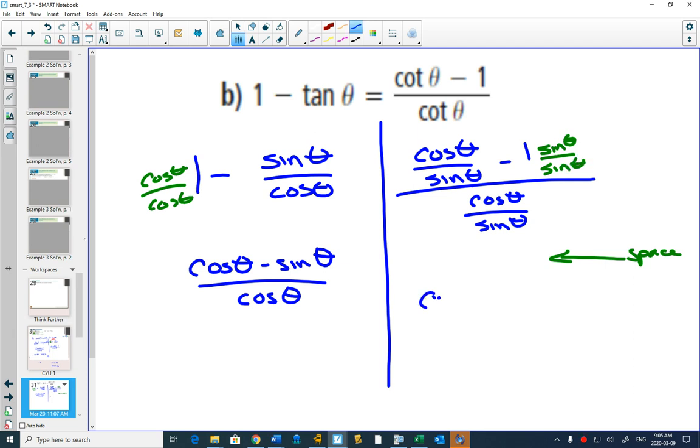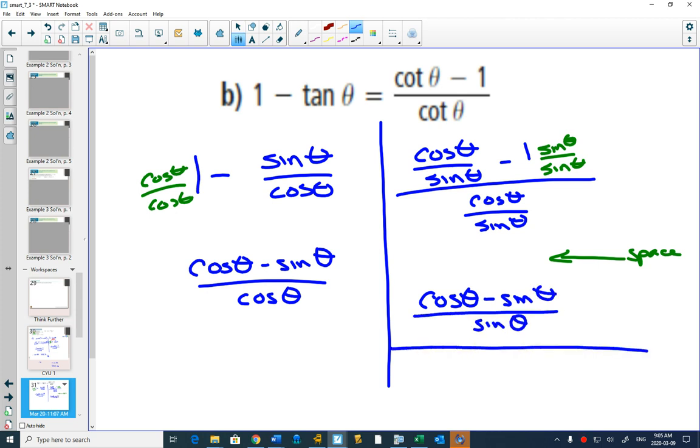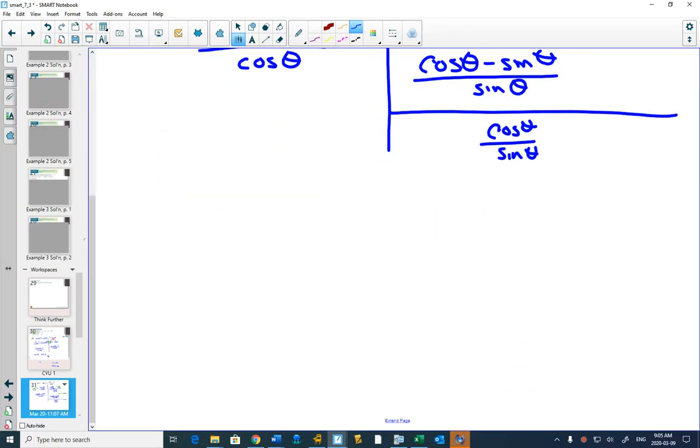So now I'm going to get cos theta minus sine theta all over sine theta on the top, over cos theta divided by sine theta on the bottom. Now I have a single fraction divided by a single fraction. Our fraction rules say we can multiply by the reciprocal.